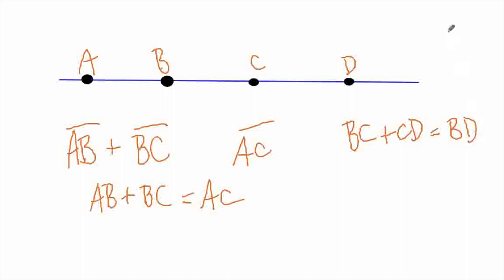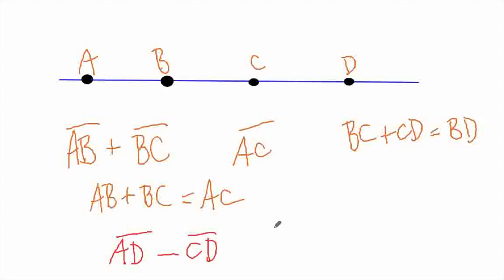Now let's do how about this one? What if we had AD, that's the line segment, and what if we subtracted CD? What in the world does that mean? Well, that means that you have the stick, the line segment AD, and you're cutting and removing the piece of it with the length CD.